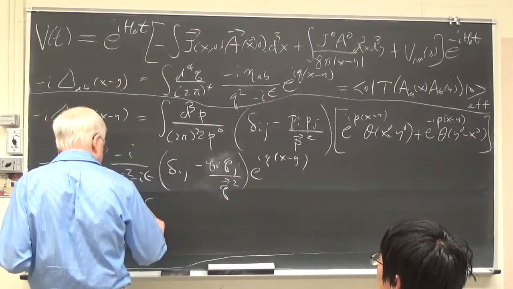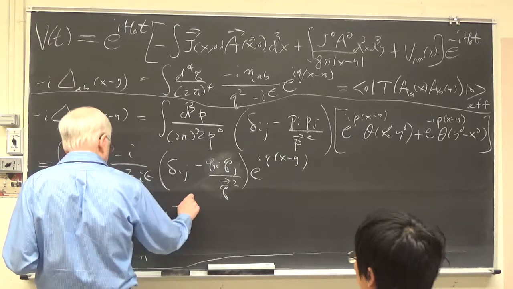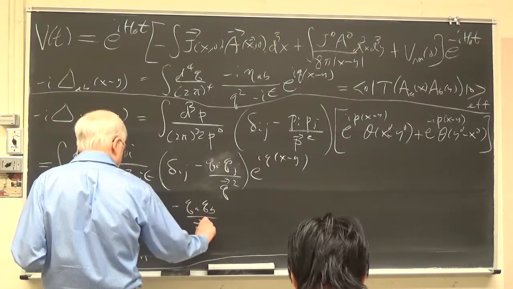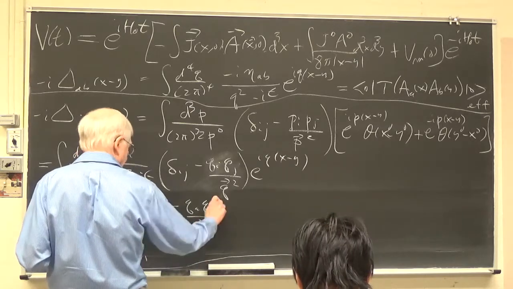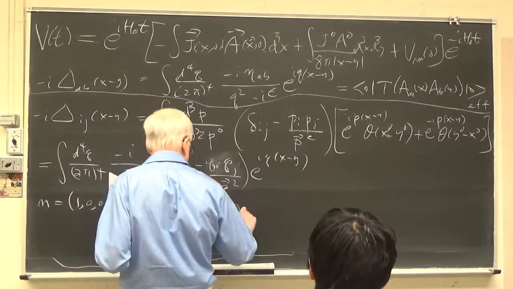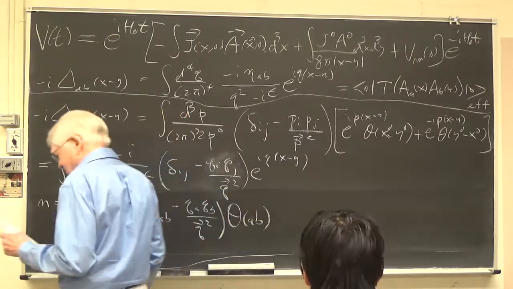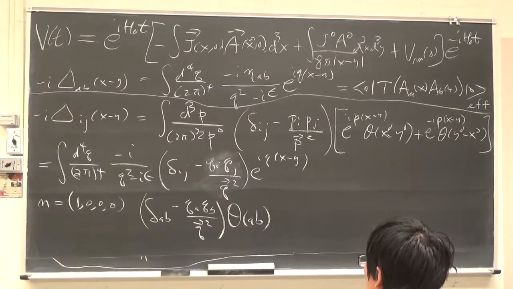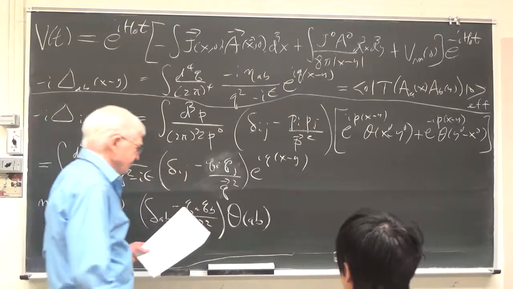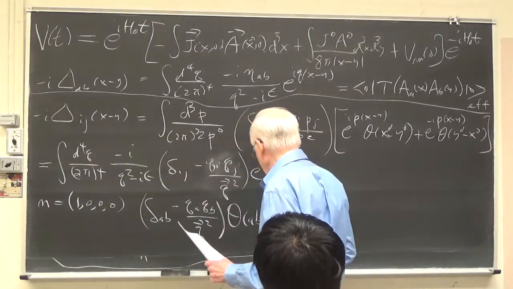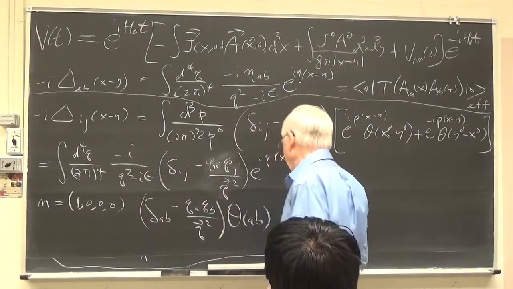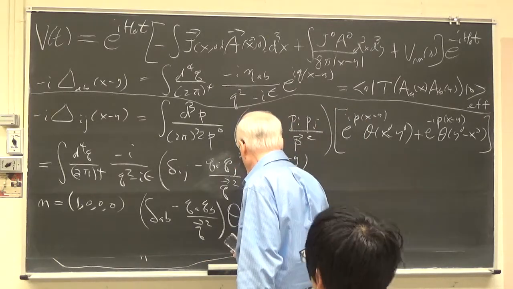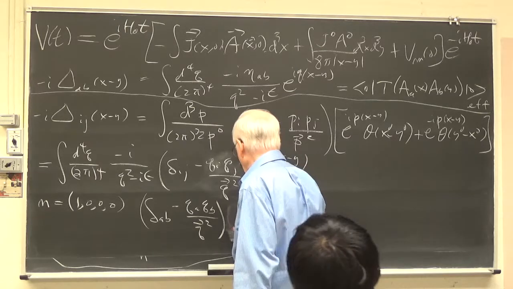We're going to write it as delta AB minus QA QB over Q vector squared times theta AB. This is kind of silly, but it means that the thing is 0 when A or B is a time component. Oh, wait. Well, this is sort of ambiguous, isn't it? All right, let me just say.